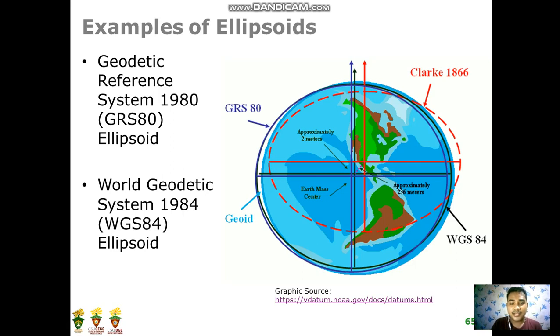This is adopted worldwide, but it doesn't mean it is adopted by all countries. It is only a worldwide system for reference, but different countries have different ellipsoids. And lastly, we have the Clark 1866 ellipsoid, which is the one used in the Philippines.